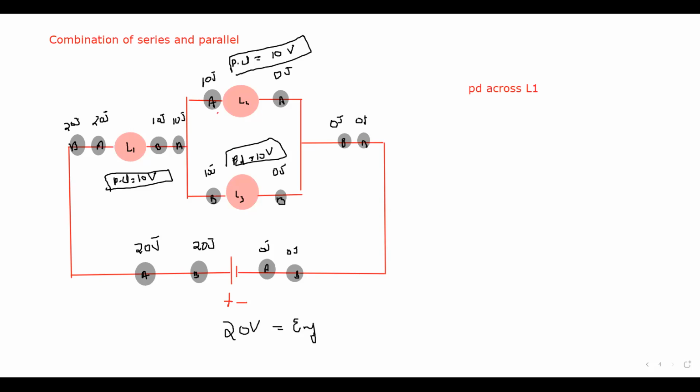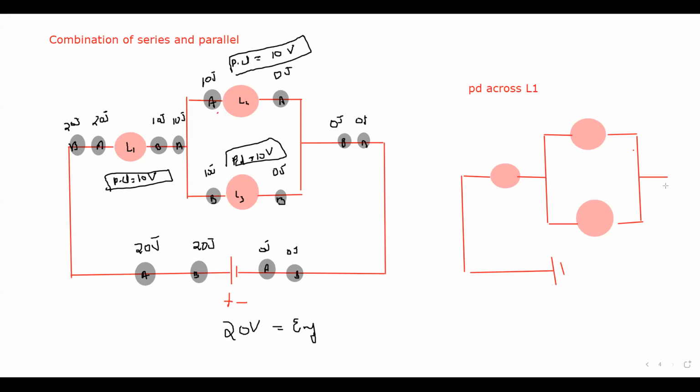If I simply draw this same circuit again in terms of voltage, just writing the voltages: if this was a 20 volt supply and 10 volts was here, the remaining 10 will be across each of L2 and L3. Is it clear?